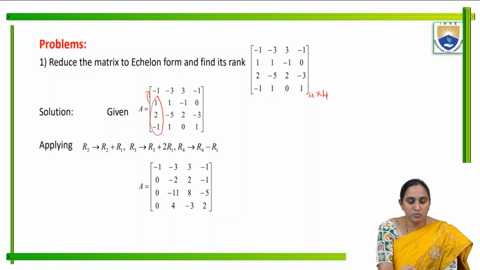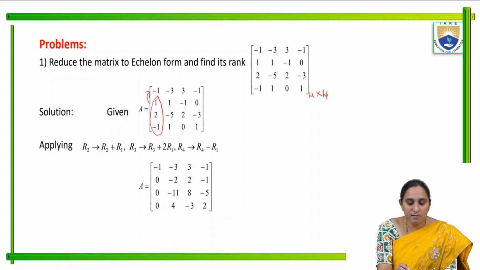What about the first row operation there? See there, R2 tends to R2 plus R1. R2 first element is 1 and R1 first element is -1. If you add these two, definitely the R2 first element is 0. That operation is R2 → R2 + R1. Similarly, the third row, I'll make the first element 0 with respect to R1.